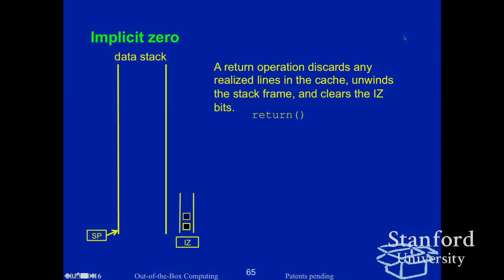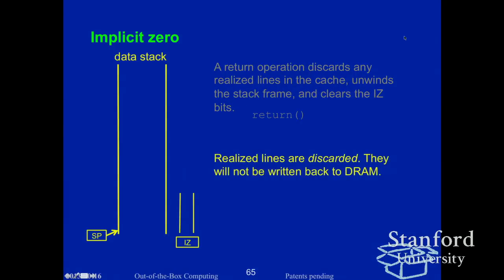We also reset the corresponding bits in that bit mask. The realized lines are discarded. In fact, what we wind up doing is we just simply clear all the valid bits. Consequently, they will not be written back to DRAM. We also clear the dirty bit.